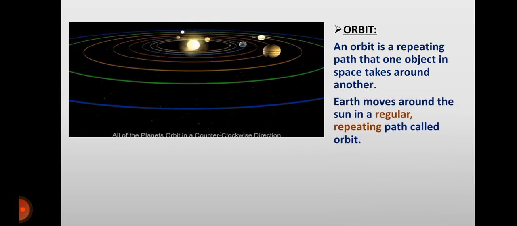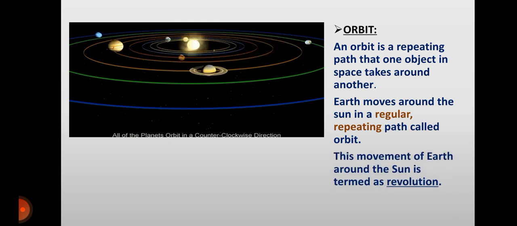Particularly, we can say that Earth moves around the Sun in a regular repeating path called an orbit. This movement of Earth around the Sun is termed revolution.